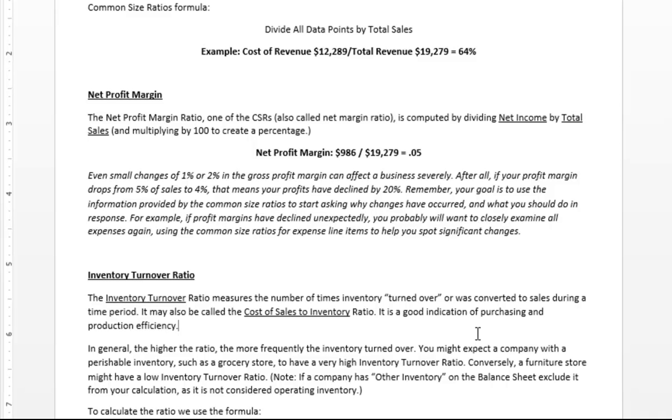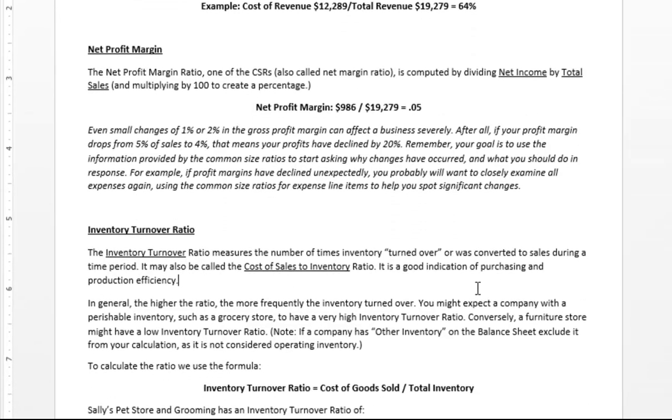If you don't see it, you can't ask questions. In this case, profit margin, it's 986 divided by 19,279. So this is one of your CSRs. You've already got it figured when you did this. But because it is such a critical number in retail, I list it separately.